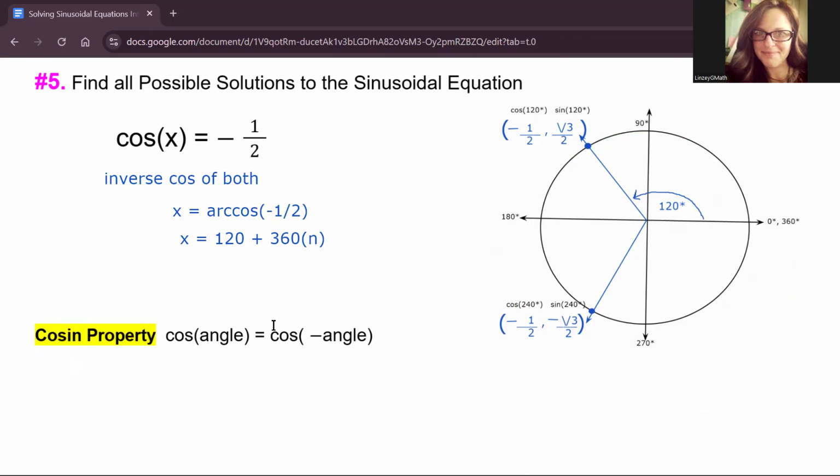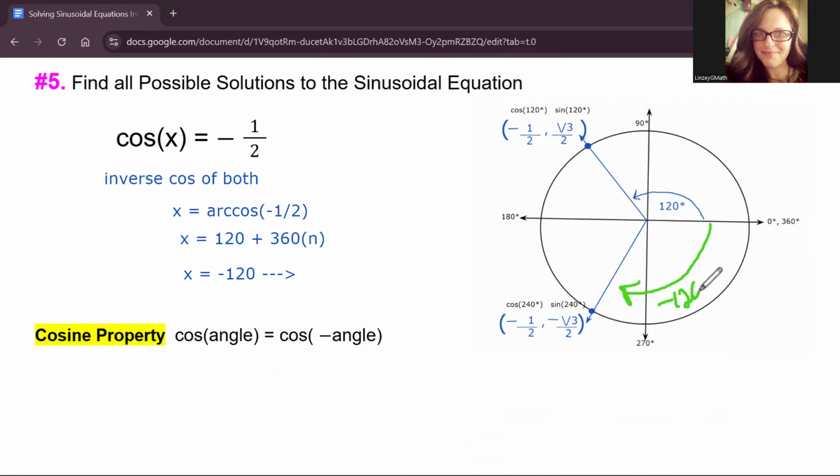And then we'll use our cosine property. Oh, wow, I was cutting and pasting. I missed the e down here. We'll use our cosine property. Cosine of an angle is equal to cosine of the negative angle. And a negative 120 degrees we'll express as a positive angle. So 360 minus 120, this is a negative 120.